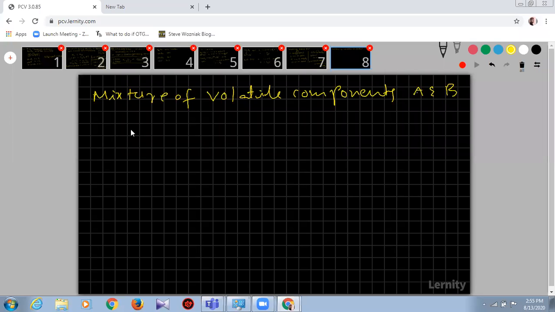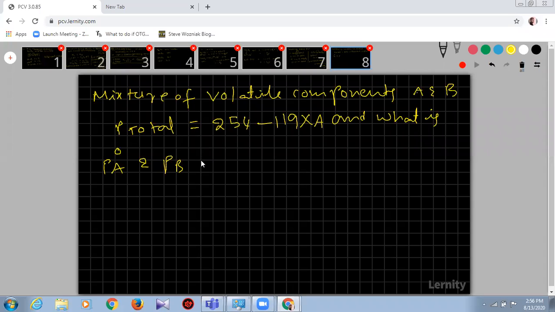So the P total relation they gave: P total is equal to 254 minus 119 XA, where XA is the mole fraction of A. This is the relation he had given, and he is asking the vapor pressure of A and the vapor pressure of B.